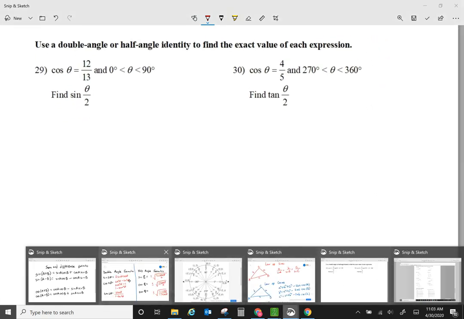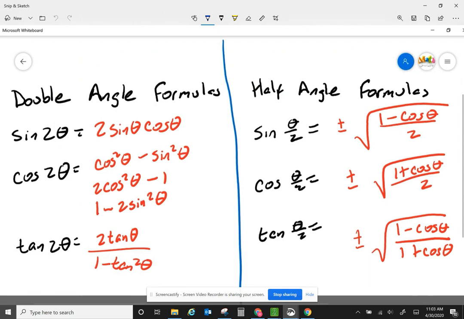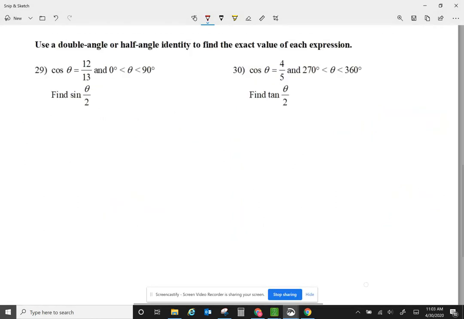Let me remind you of the double angle formulas and the half angle formulas. Make sure you have those formulas. Okay, so now that I've refreshed your mind, let's take a look. Use a double angle or half angle identity to find the exact value of each expression.